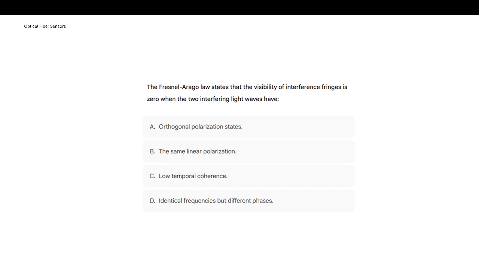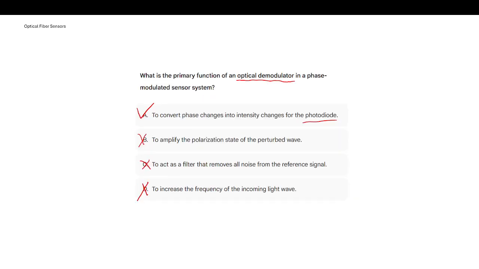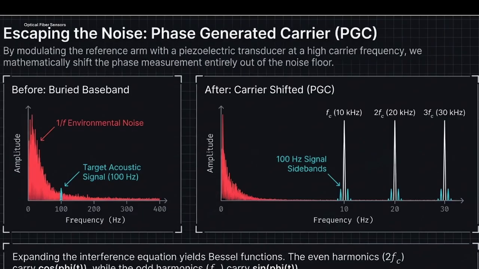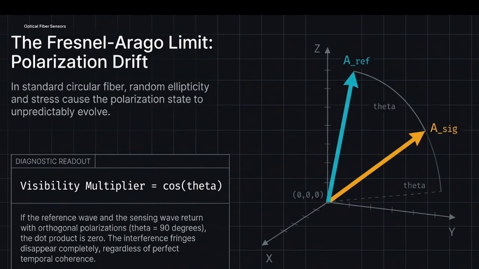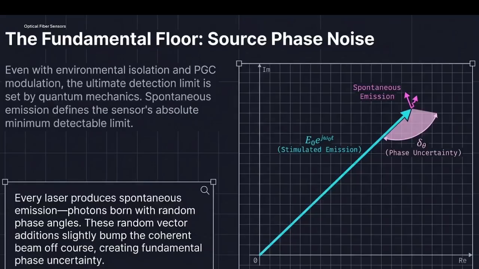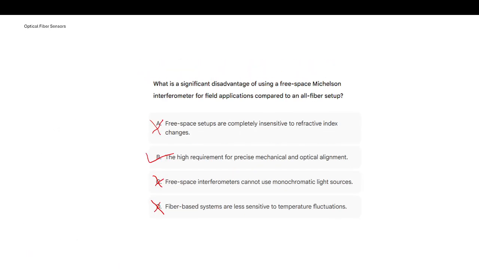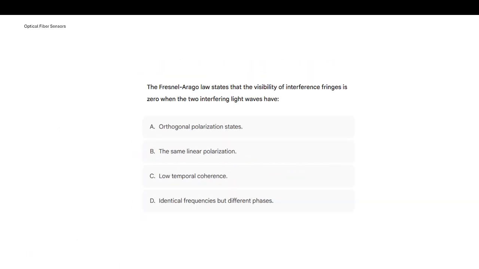We have discussed, I think, this one. Yeah. So the visibility multiplier is cos theta. So here, yeah, you are correct actually.